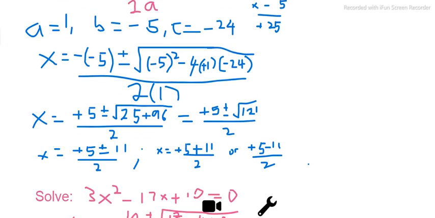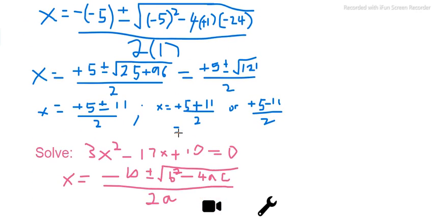When we do this, the first one will give us plus 5 plus 11, which is plus 16, divided by 2, that will give us plus 8. Or the second one, plus 5 minus 11 will give us minus 6, and minus 6 divided by 2 will give us minus 3. So this is our value of x by the quadratic formula.